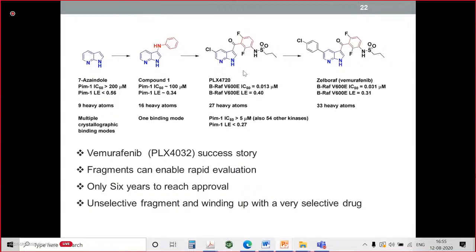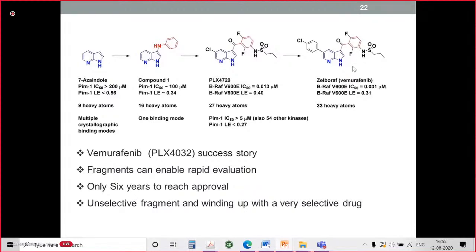So later on, it was again optimized with the help of the growing approach using fragment-based drug design, which led to vemurafenib having high efficacy, although lesser than PLX4720, but much more selectivity.